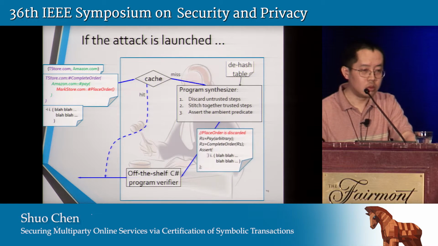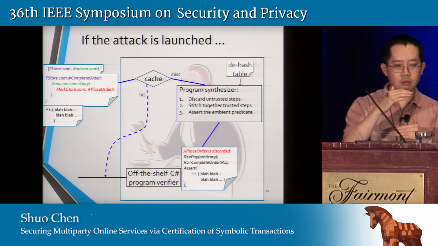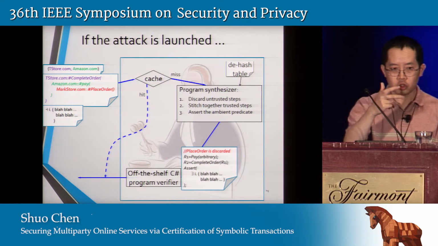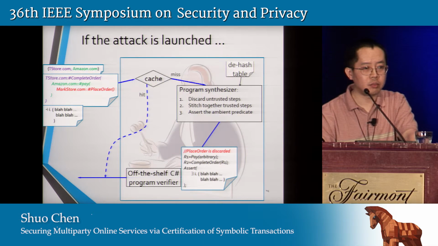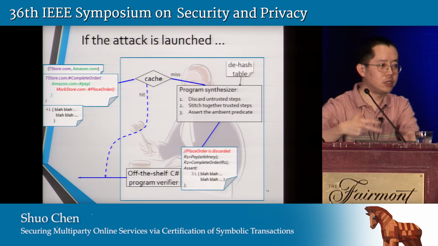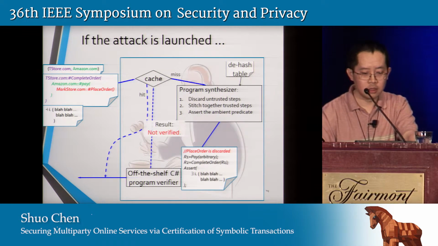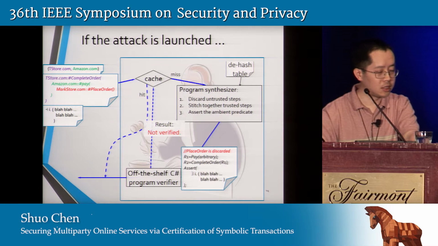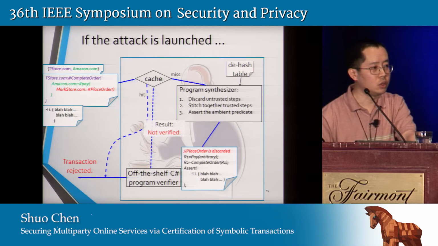As a result, when we synthesize the program, it only consists of the 2 method calls, and the first method is skipped. So these 2 method calls are insufficient to imply the ambient predicate. In this case, it is not verified, and this transaction is rejected.